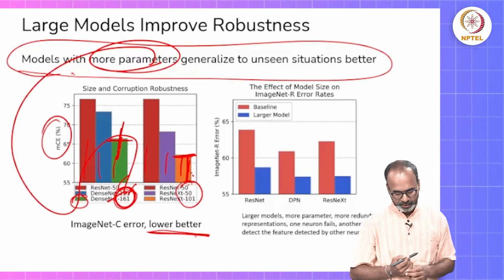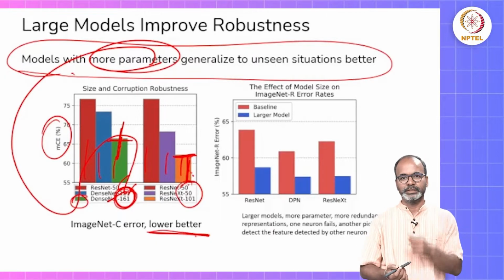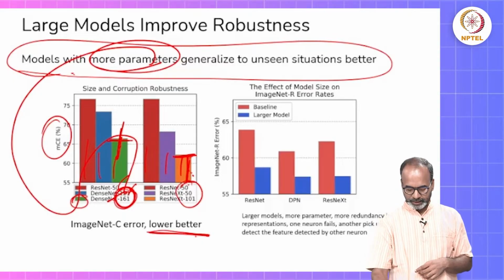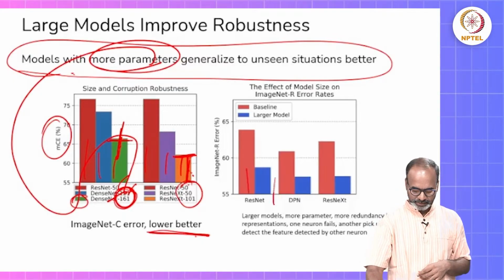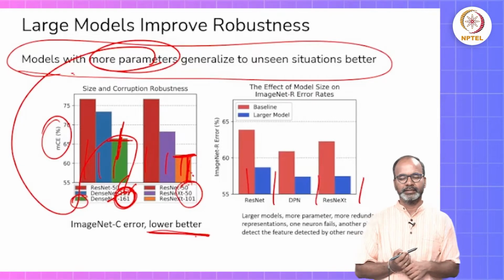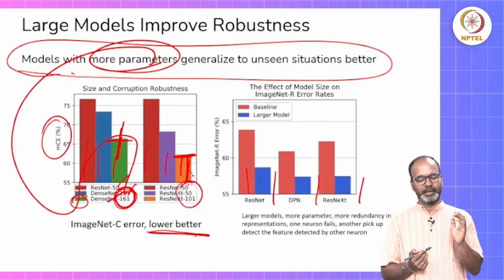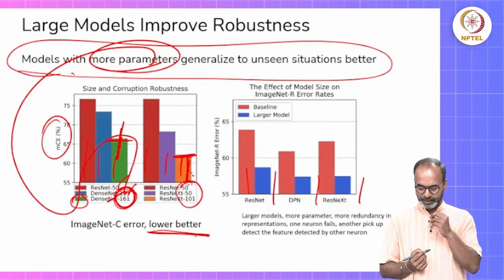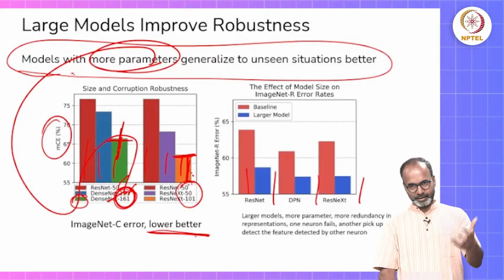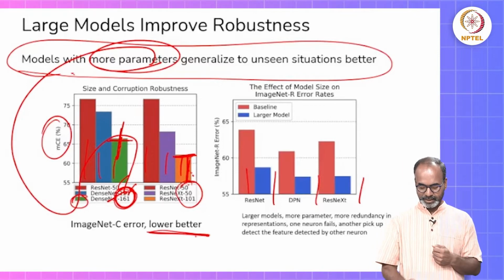Okay. On the right hand side, if you see, ResNet is here, DPN, ResNeXt. DPN stands for dual path network. They actually have different layers. So larger models, more parameters, more redundancy in representations.